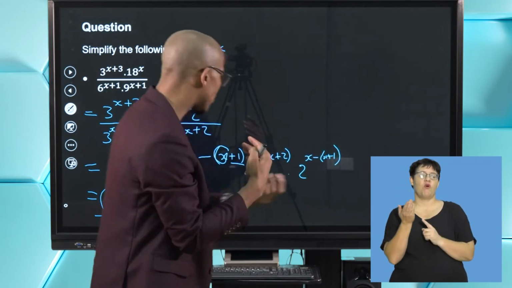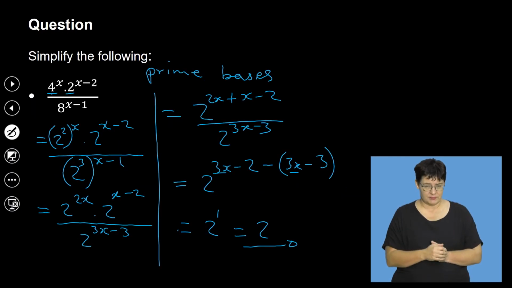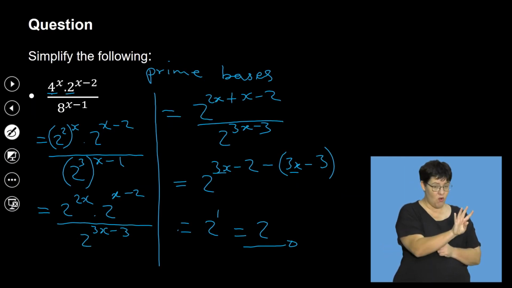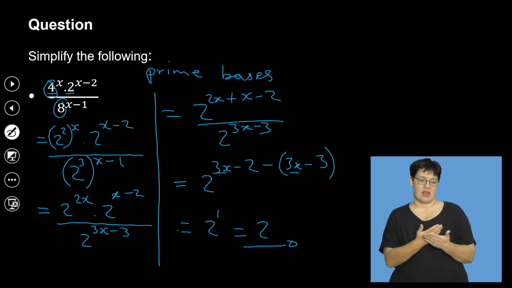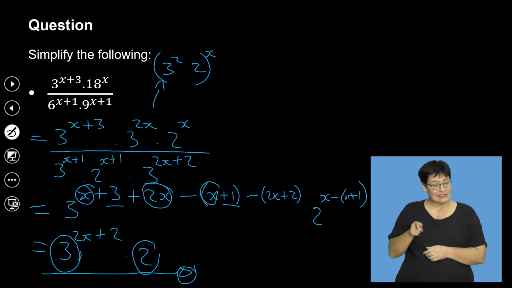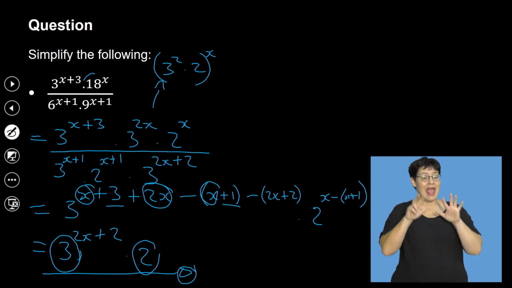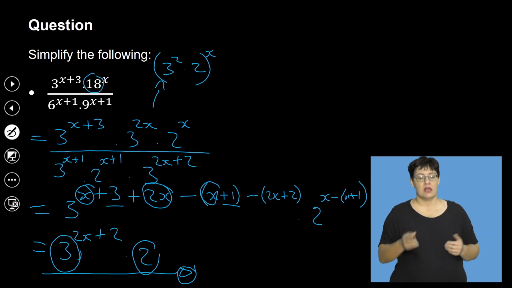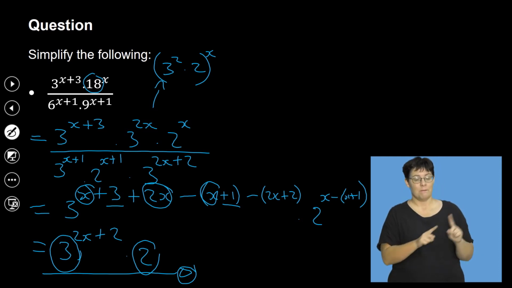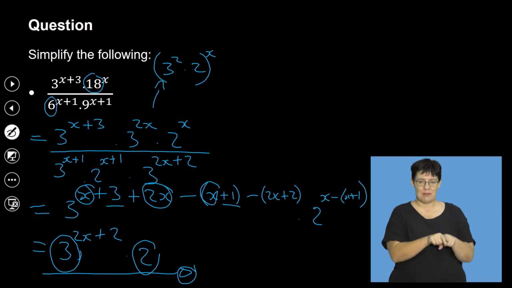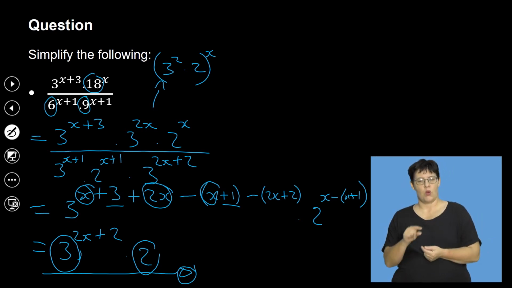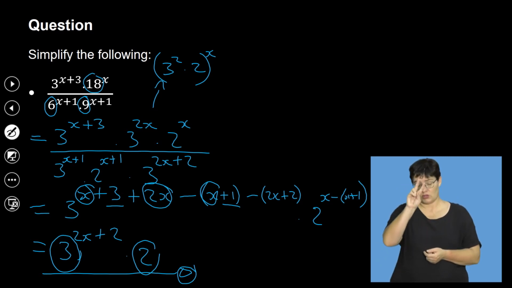As you saw with the previous example, just to show you what I'm talking about, the 4 can be converted, the 8 can be converted, but with this one that we just did, I cannot convert 18 to anything that is in exponential form unless it's a product of two terms. Similarly with the 6, similarly with the 9, I can definitely do that because it then becomes 3 squared, right? So that's the main thing.